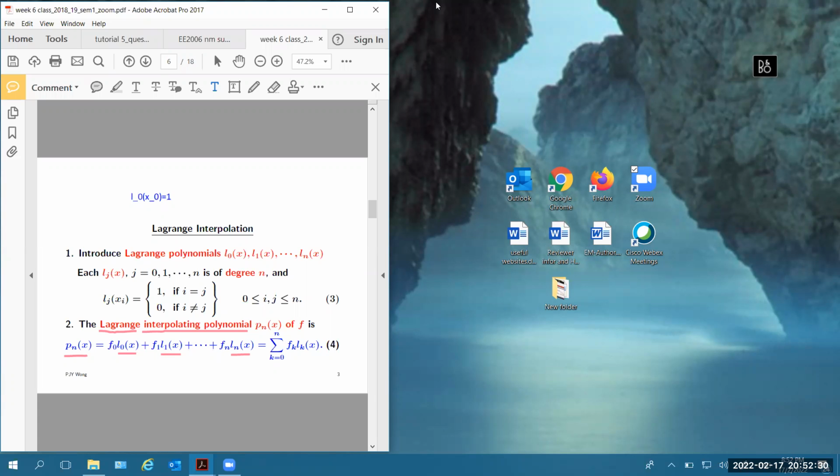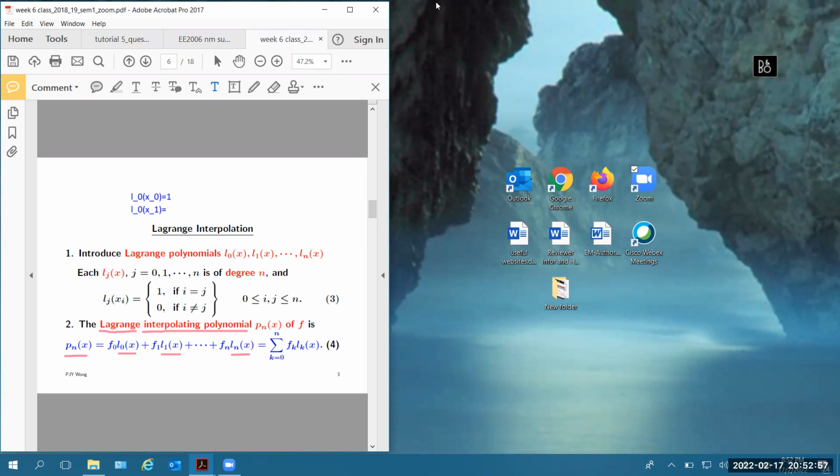Since the indices 0 and 0 are the same, we get 1. And if you have L0 and you substitute, for example, x1, what will that give you? Still L0(x), but you substitute x1 inside.